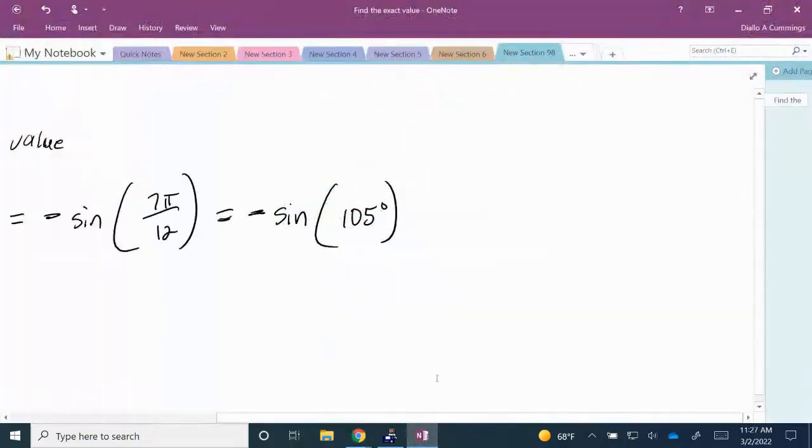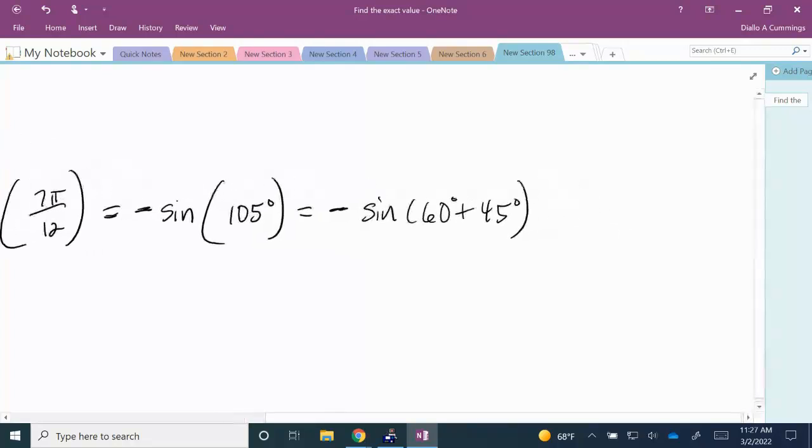So I'm going to rewrite this as negative times the sine of 60 degrees plus 45 degrees. Now, when you're writing this out, it really doesn't matter which value you put first. You could put 45 degrees first, you could put 60 degrees first. The only thing that matters is that your combination gives you the desired angle measure, which in this case is 105.